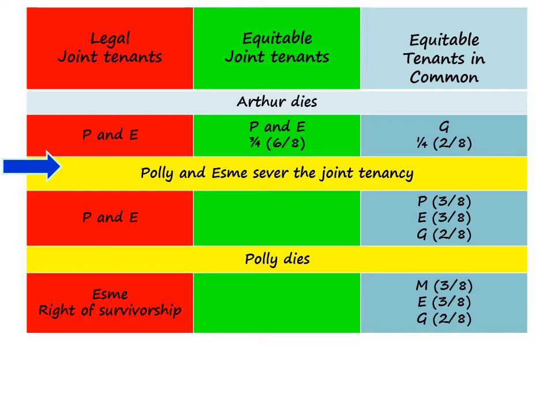Next thing to happen is that Polly dies. The right of survivorship applies in relation to the joint tenancy of the legal estate, so Esme becomes the sole surviving legal owner. And in equity, Polly's share passes under her will to Michael because the right of survivorship doesn't apply to a tenant in common.